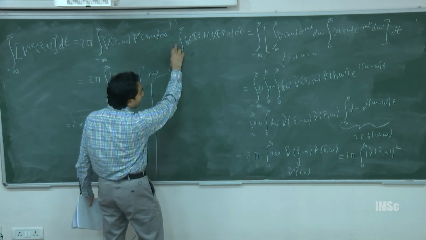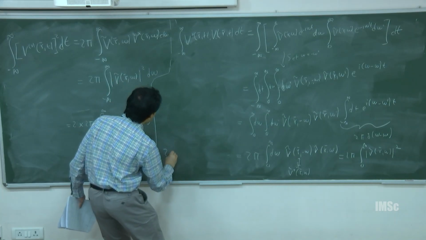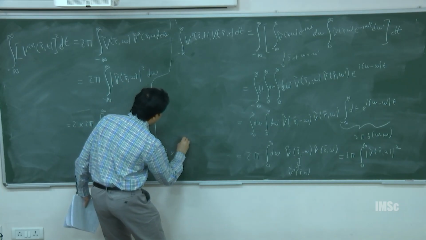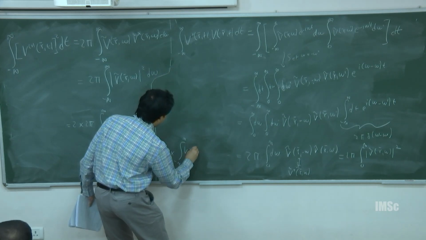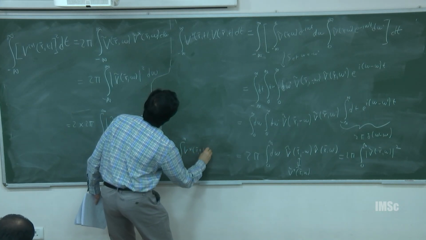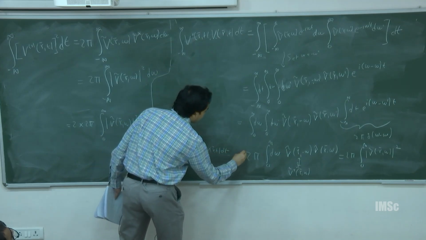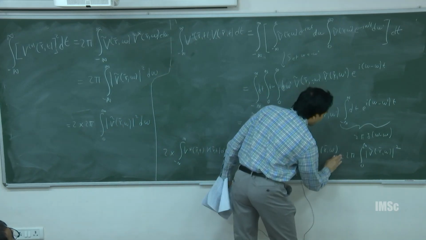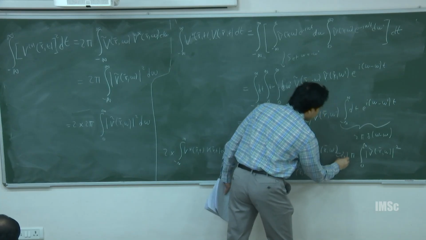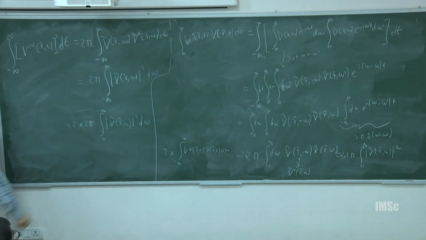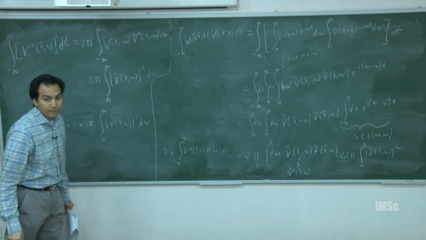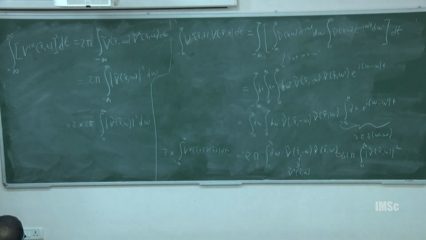Now if you multiply this one by 2, you get this one. Of course, once this is done, all we have to do is to calculate the average.